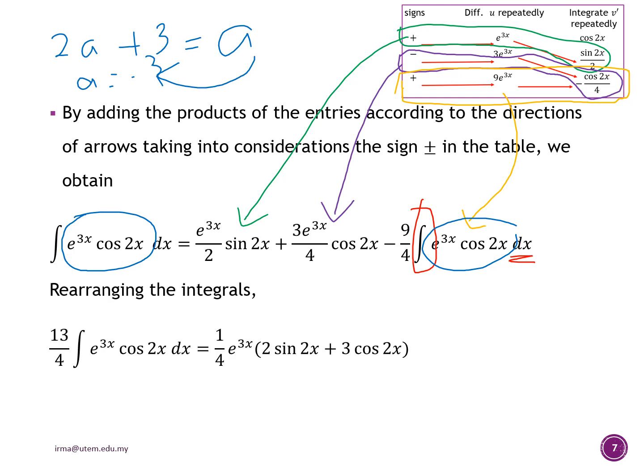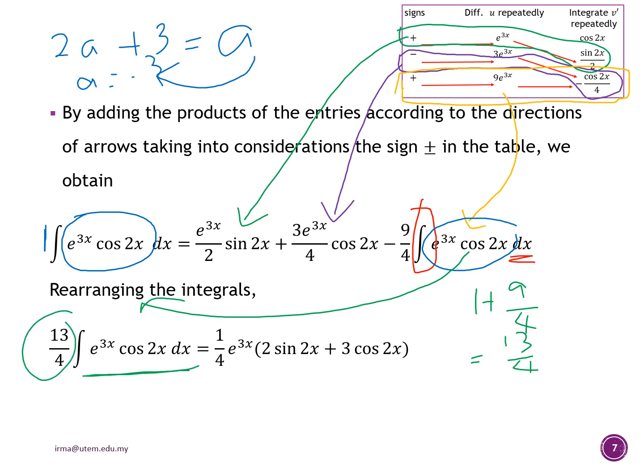So you'll get, this one is 1, so 1 plus 9 over 4, which is equal to 13 over 4. So that's why you have 13 over 4, and this one is just the same as what you had previously.